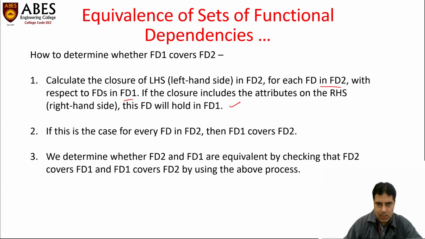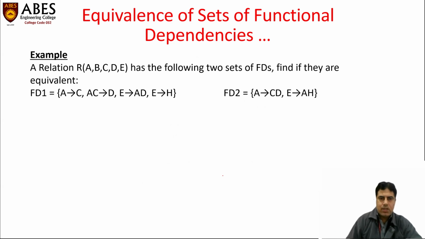If this is the case for every FD in FD2, then FD1 covers FD2. We determine whether FD2 and FD1 are equivalent by checking that FD2 covers FD1 and FD1 covers FD2 using the above process. Now, let us understand this concept by an example.